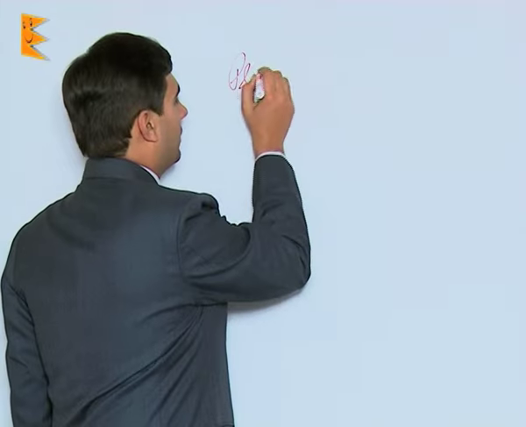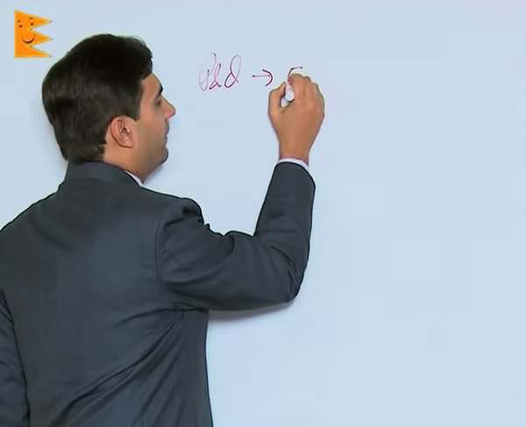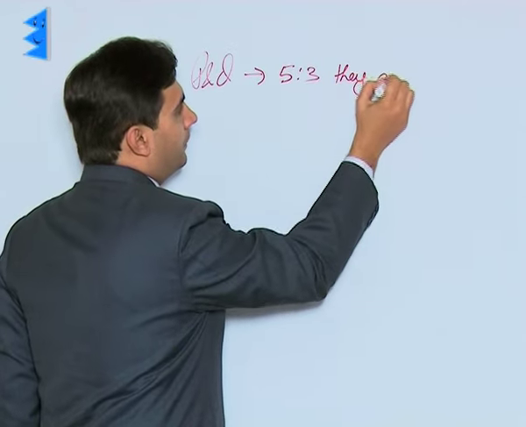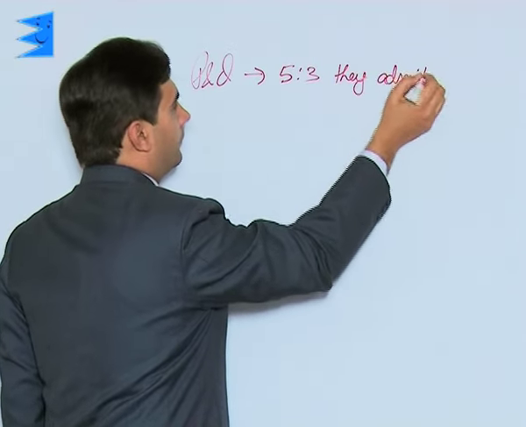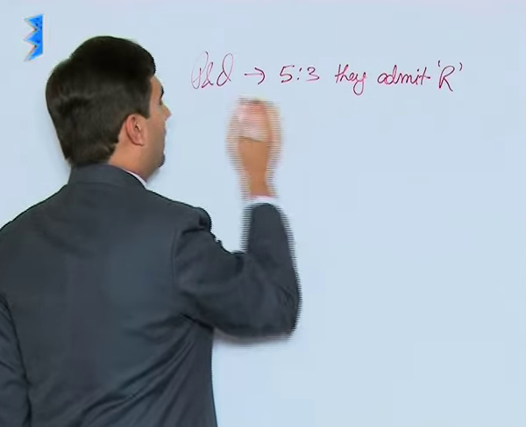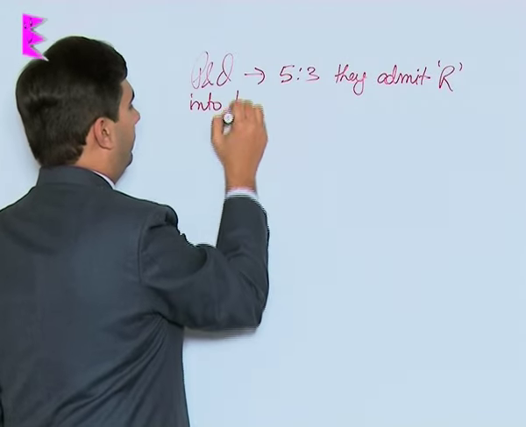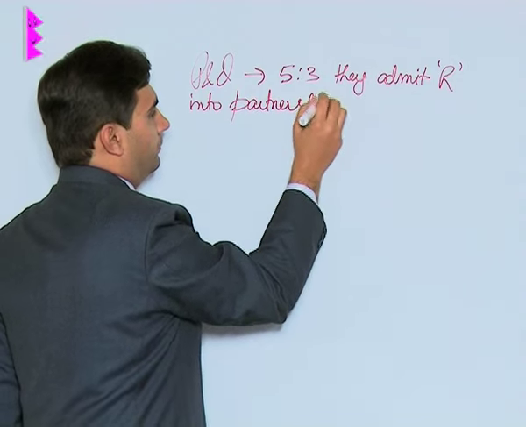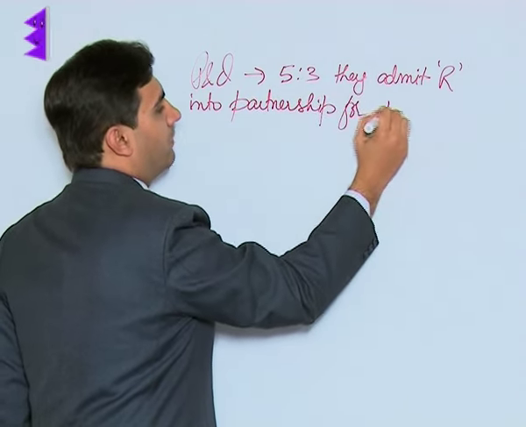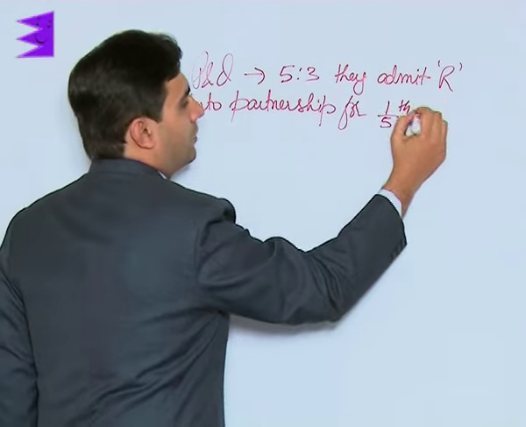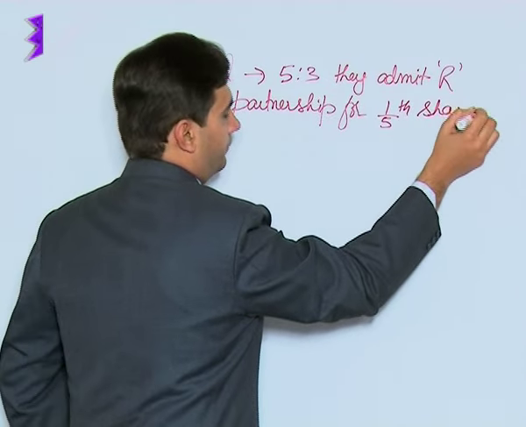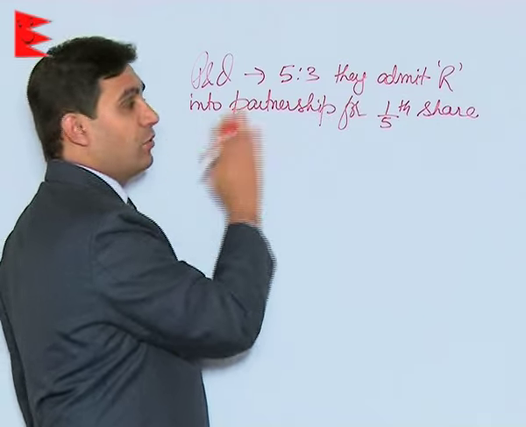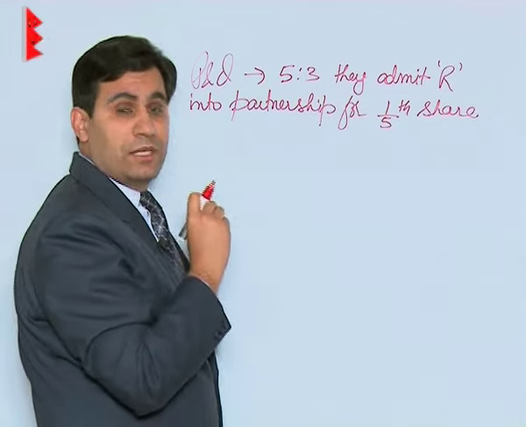Let us take an example to understand this type of adjustment. P and Q are partners in the ratio of 5:3. They admit R into partnership for 1/5 share, and R brings certain amount of capital. This capital is not given to us.